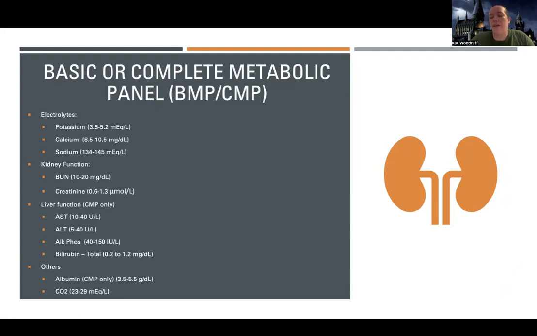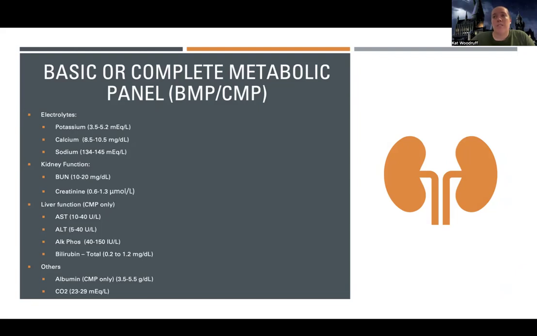This is not the best measure of your status, kind of like the whole ionized calcium and regular calcium thing. A prealbumin tells you a lot more about how your body's functioning, but albumin can tell you about how nutrition is going. If your albumin or prealbumin is low, you may have a nutritional deficiency.